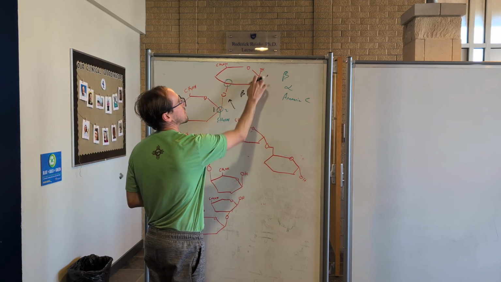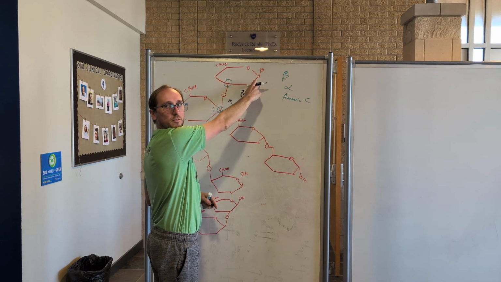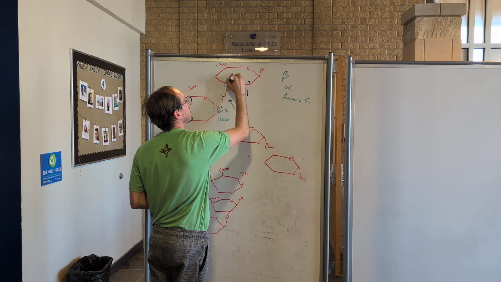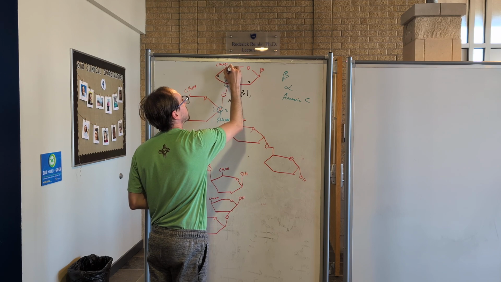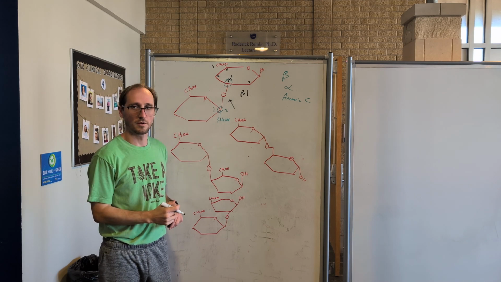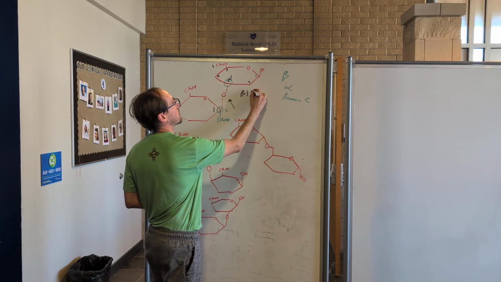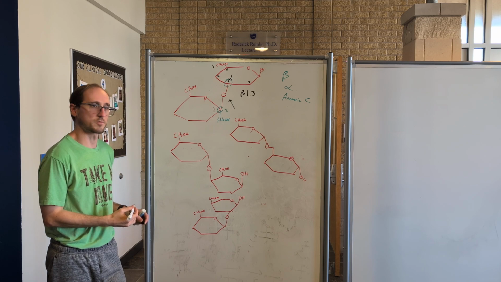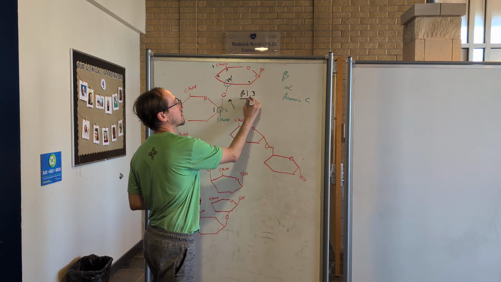Same thing, this is an aldose sugar because you don't see that other ketone group. So this is 1, 2, 3, 4, 5, 6, and we're bound at 3. So it's beta 1,3. It's just telling us which carbons are bound together.